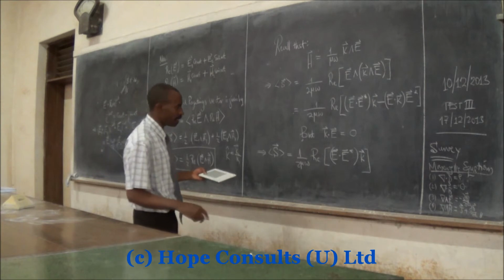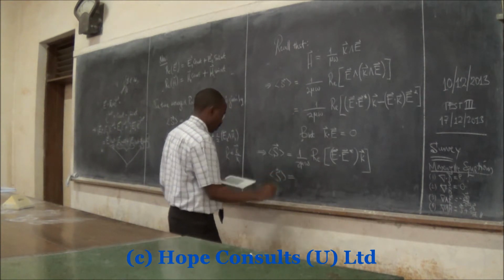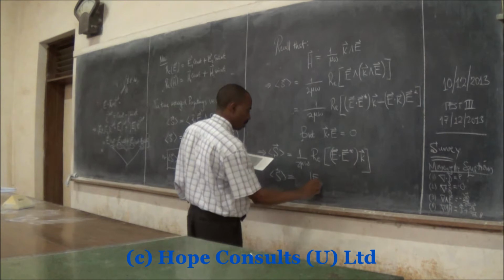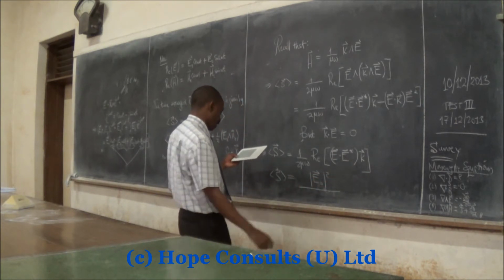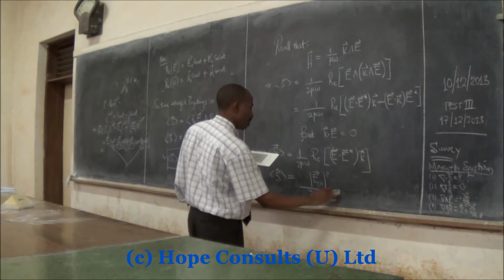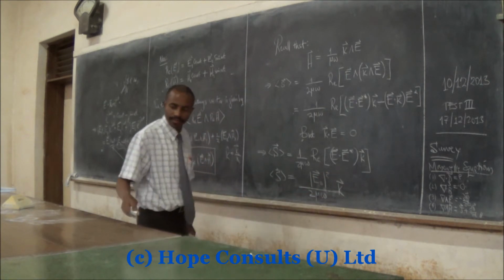If I go further, this would be the same as E naught squared divided by 2 mu omega, and we have our K vector.